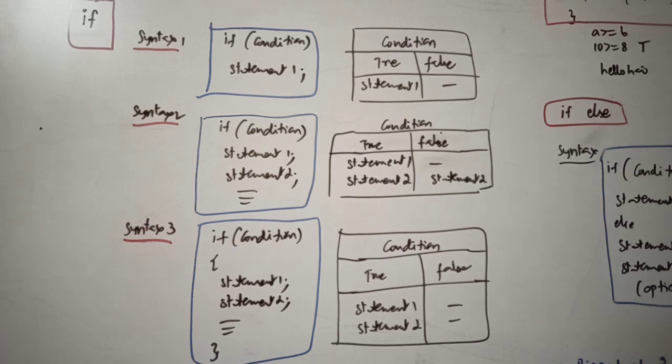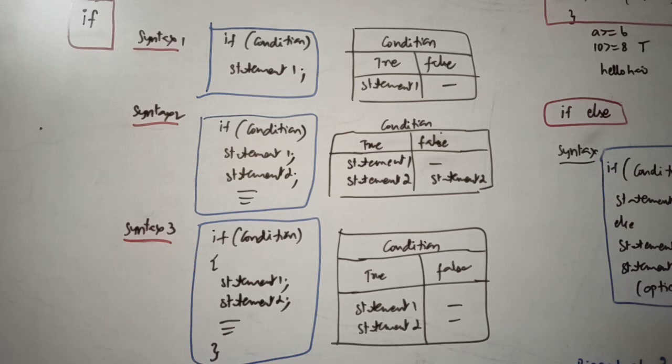These are all very important language constructs. In the programming environment, you just try to observe syntax 1, syntax 2, syntax 3 without any confusion. In syntax 1, statement 1 will be executed once the condition is true. In syntax 2, only the first statement comes under the condition.